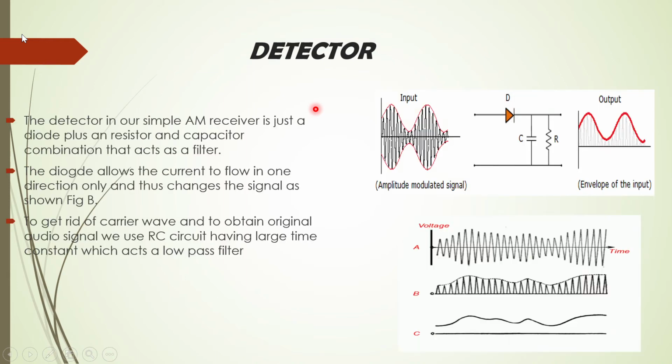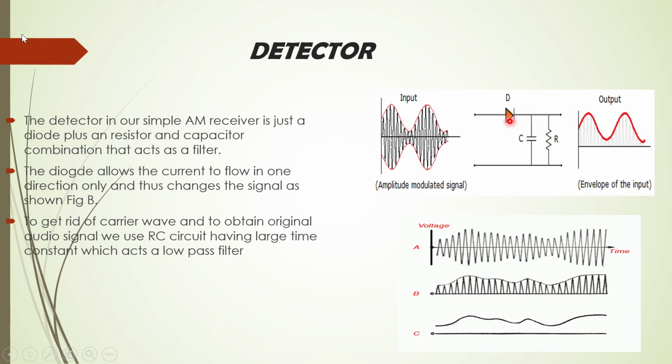The detector is a simple AM receiver which consists of a diode and a parallel RC circuit. It helps us get rid of the carrier wave and obtain the original audio signal, as we can see here in the figure. So how does it function?